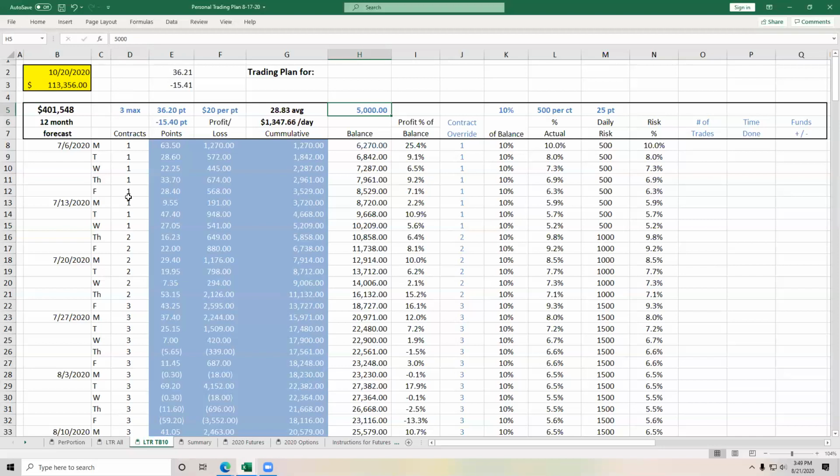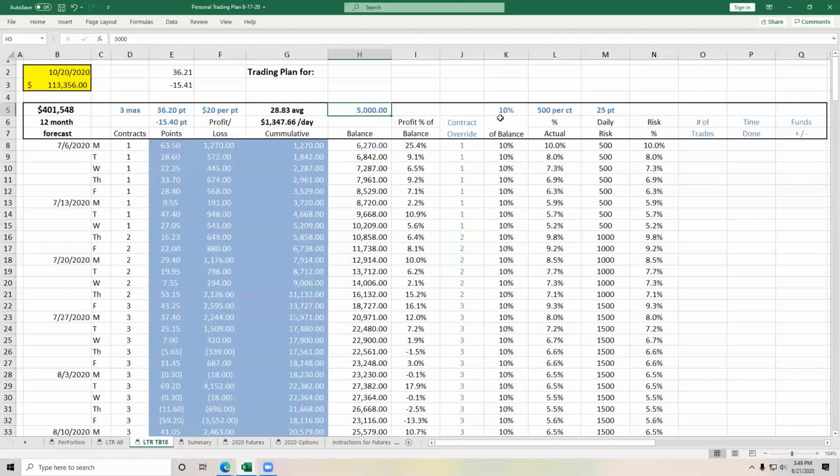Should I be trading 1 contract, 2 contracts, 3 contracts? It's limited to no more than 10% of the balance of the account. You need $500 per contract of margin to open a trade, and so we will not allow more contracts to be traded if it exceeds more than 10% of the balance of the account.